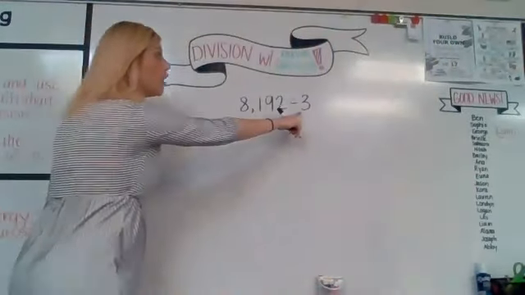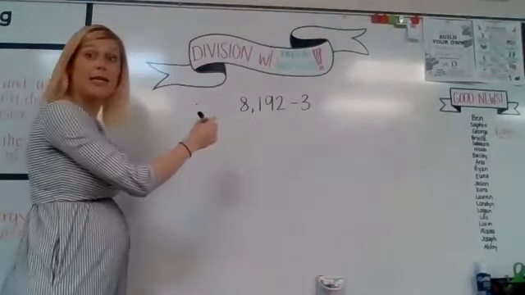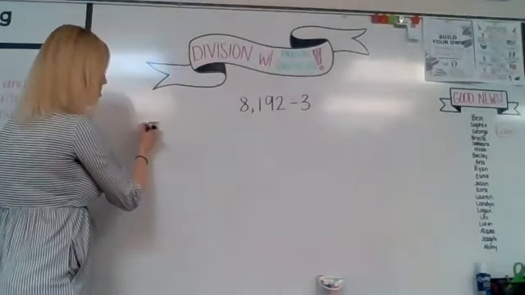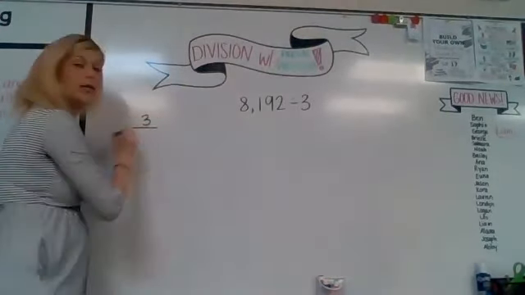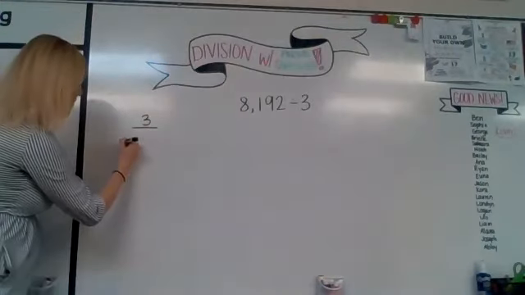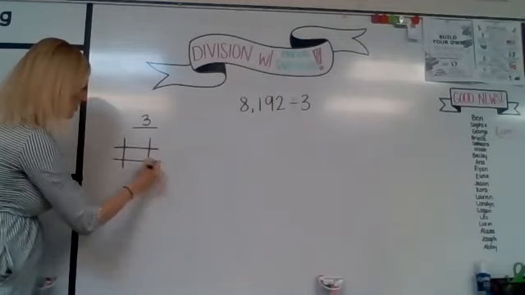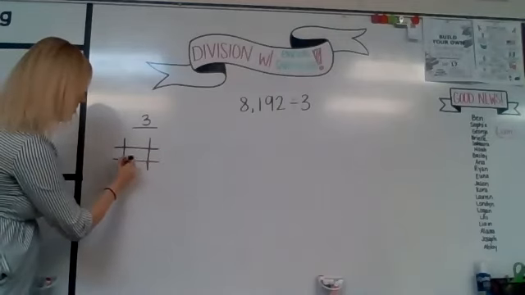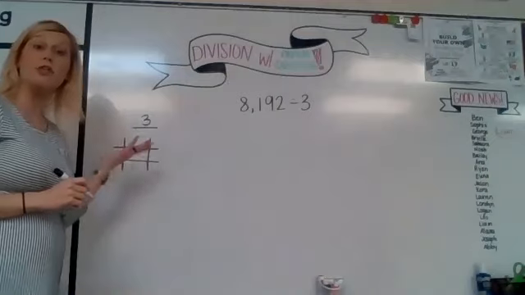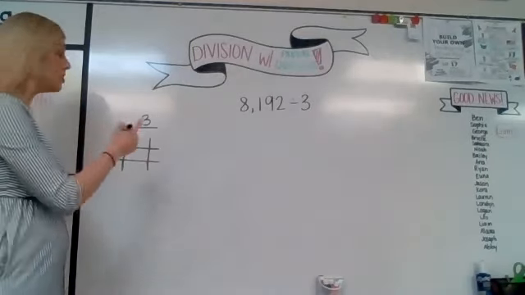So we're going to start with our divisor of 3, and we're going to make a tic-tac for our 3s. Off to the side of our paper, wherever we can fit it, we'll make a tic-tac-toe board. And then we can fill in our first 9 multiples of the digit 3.